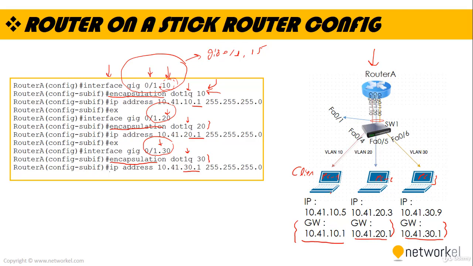And for example, if PC1 wants to communicate with PC2, since they have different network IDs, the packet will be forwarded to the default gateway, which is 10.1, which is this sub-interface, then forwarded to the Gig0/1.20 sub-interface, and the packet will come to PC2.